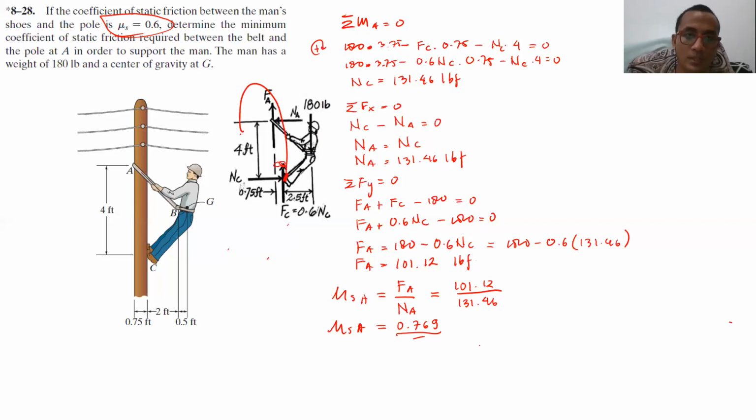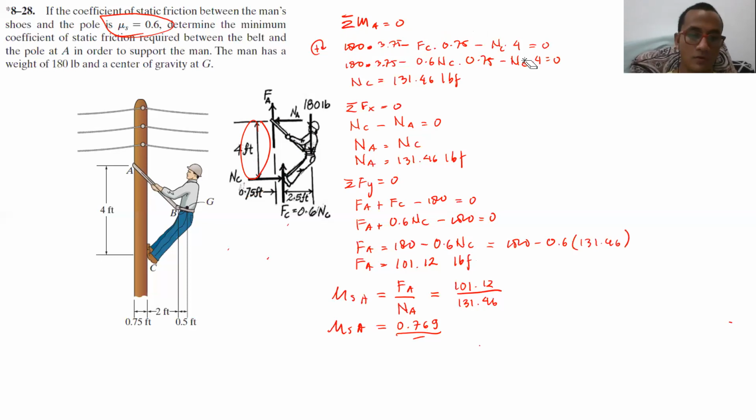The value there is Fc multiplied by 0.75 because the distance here is 0.75, minus because it's counterclockwise. And beside that, we have as well the moment due to NC. The moment there is counterclockwise as well, so it's negative. So NC multiplied by the distance 4 feet.